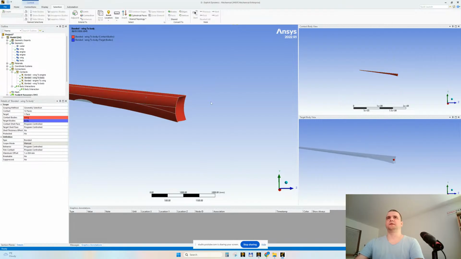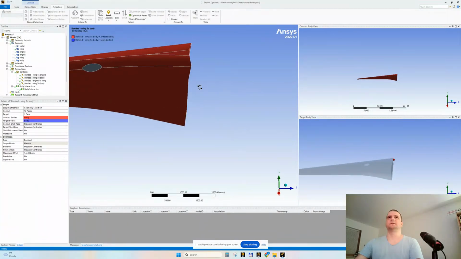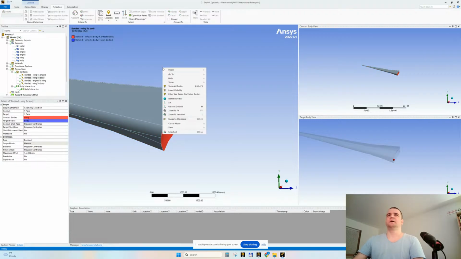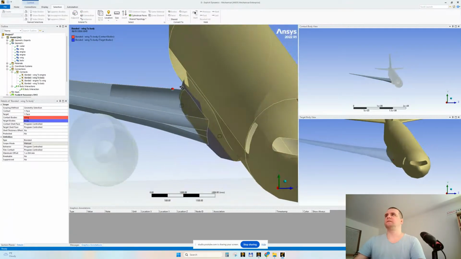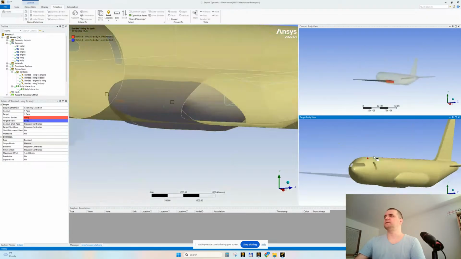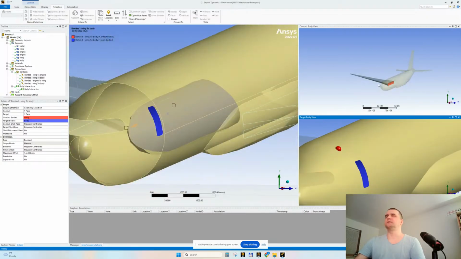And here I can select only this face. Why not? Let's select this face instead of 12 other faces. Show all bodies and we'll have this face, seen from inside, all right?